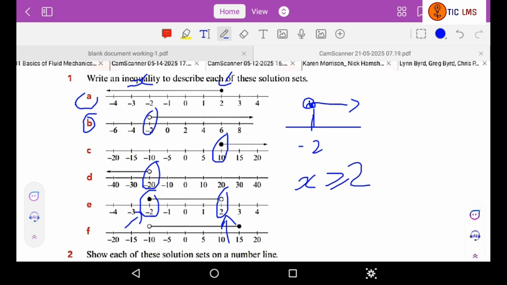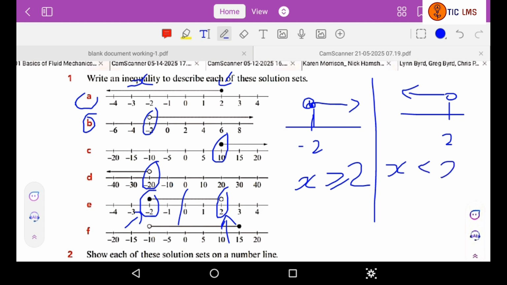That's what you're familiar with. Now we are breaking it into two. Then to the right, we have our 2 here with a circle, and this goes to the left. This one can be said to be x is less than 2.